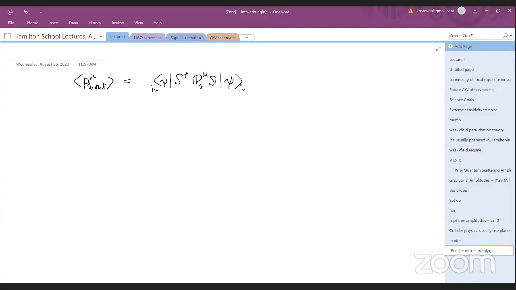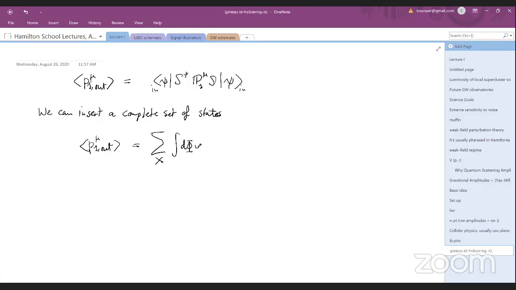So at this stage, it looks a little bit abstract, but we can insert a complete set of states in between the two appearances of the scattering matrix. And that allows us to write this final observable, final momentum, as a certain sum over states.